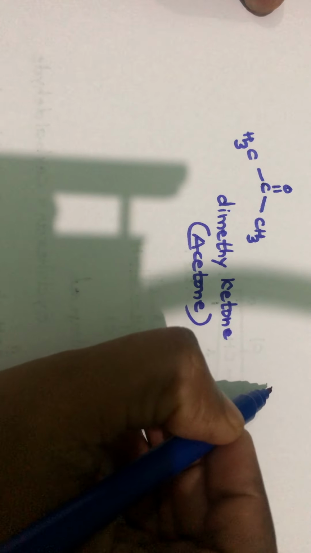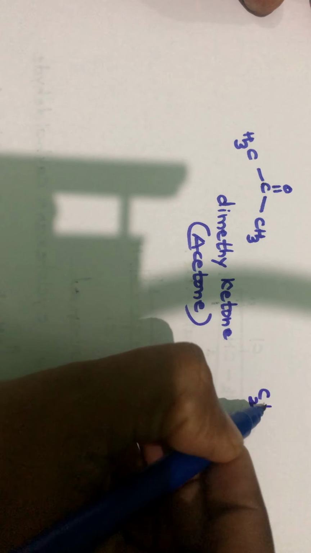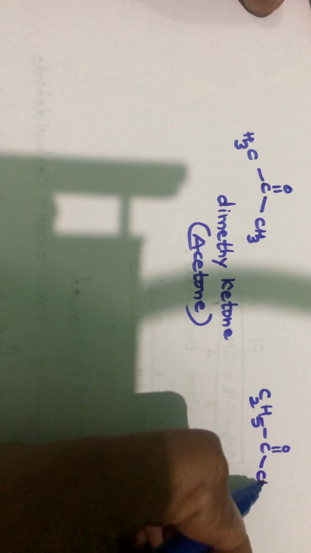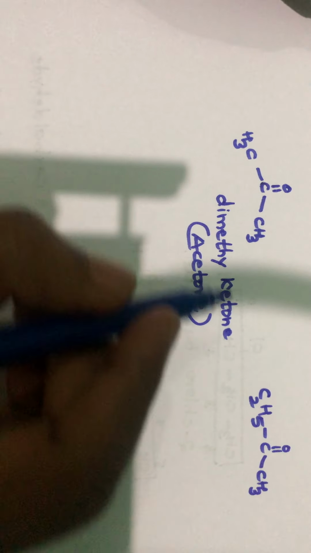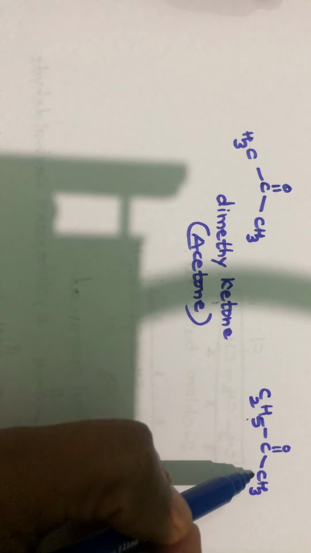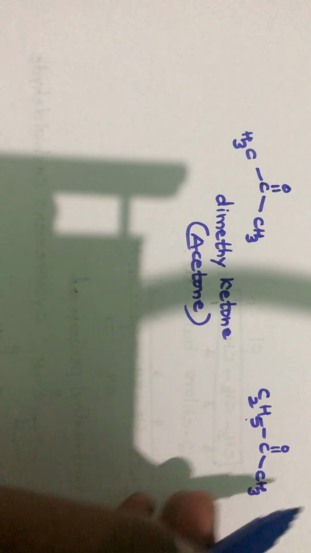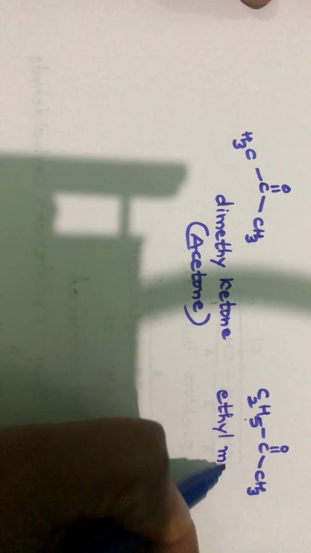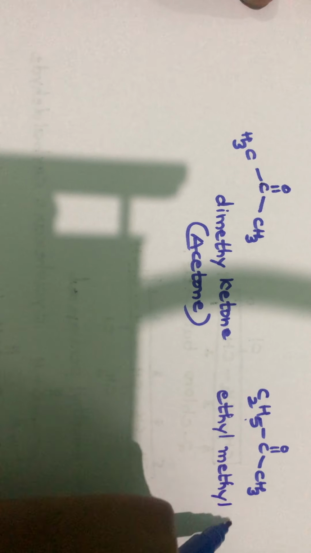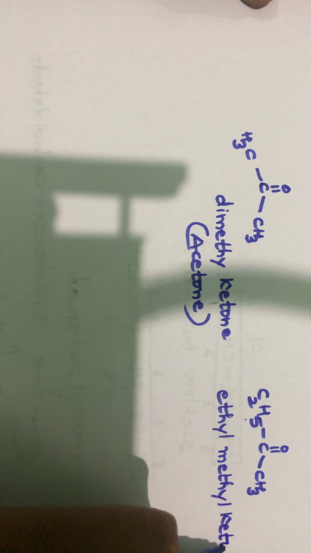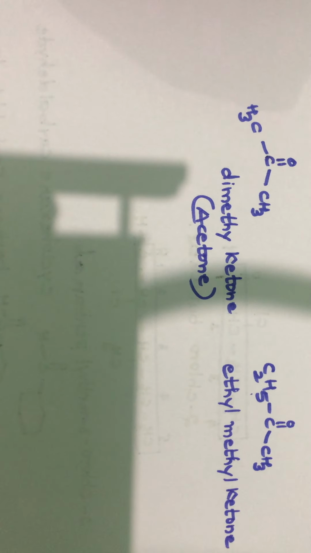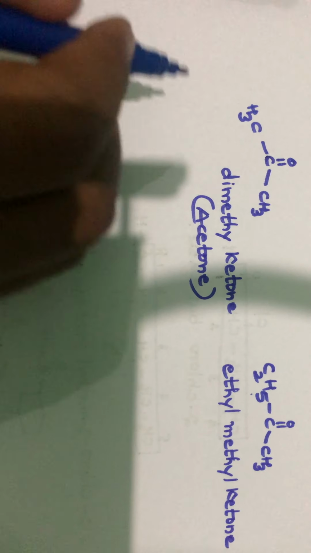If you take this C2H5, C double bond O CH3, you have an ethyl group and you have a methyl group. So alphabetical order, E comes first. So ethyl methyl ketone. So ethyl methyl ketone. Okay, looks like this.